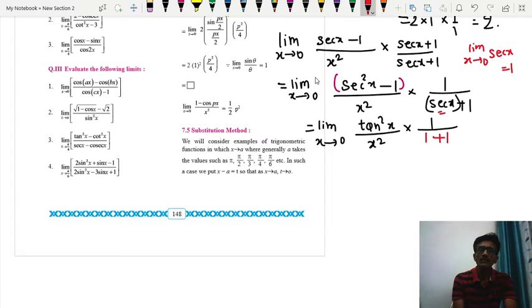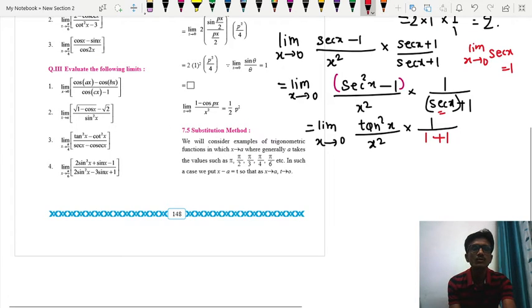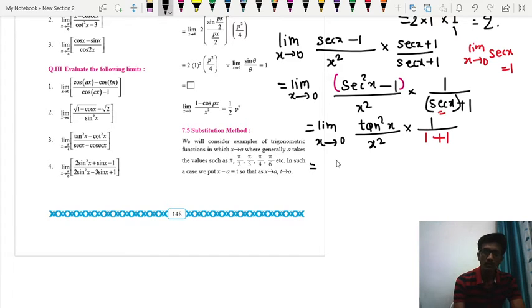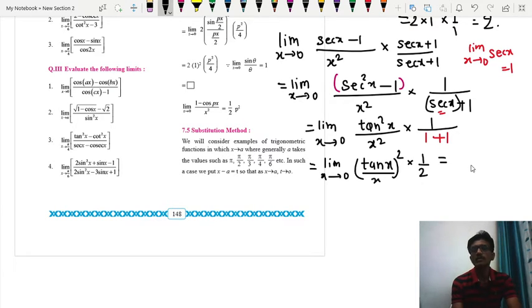Then limit x tends to 0, (tan x upon x) whole square into 1 by 2. Now this tan x upon x limit is 1, so 1 by 2 is the answer. Okay, now we do the next question.